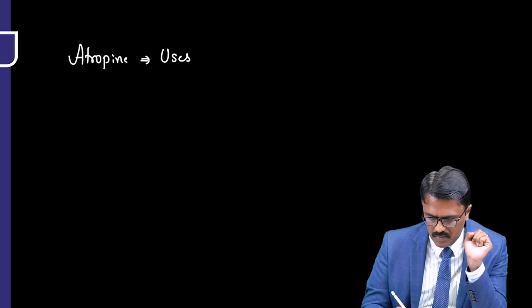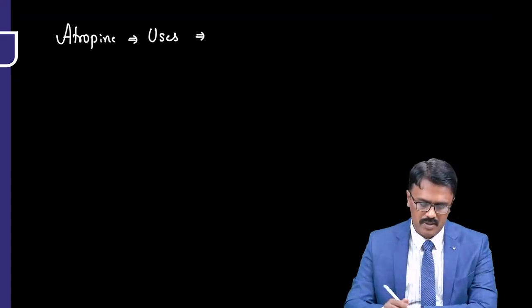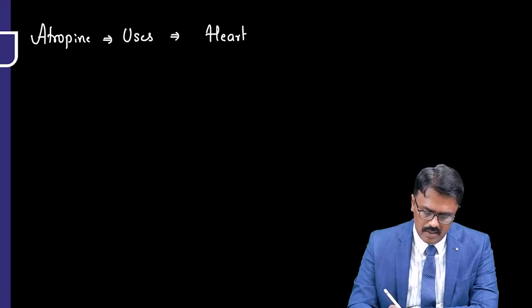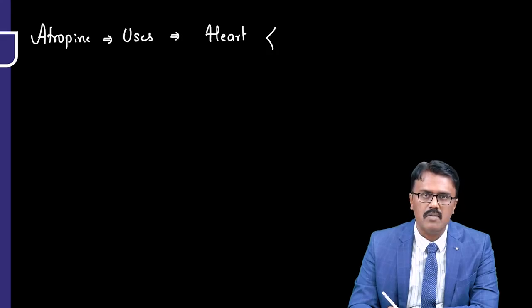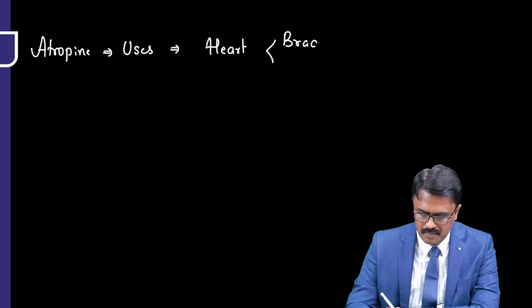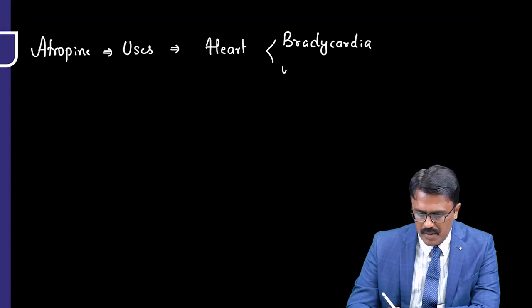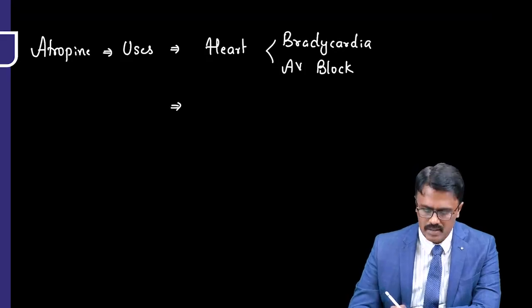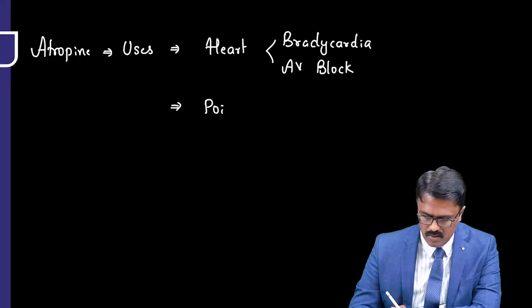What are the uses of atropine? Let me write in the heart. In the heart we use it in two conditions: to manage a patient with bradycardia and a patient having AV block. Second, you can use atropine in case of poisons. Which poisons can we use it in?